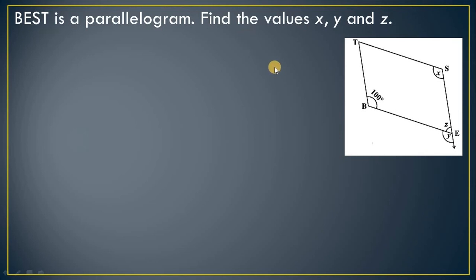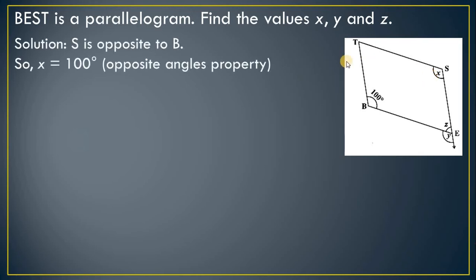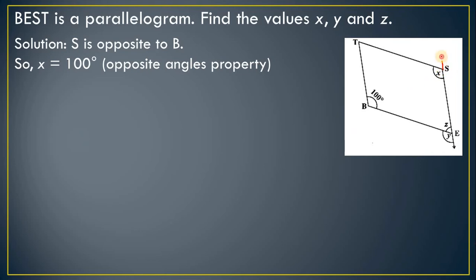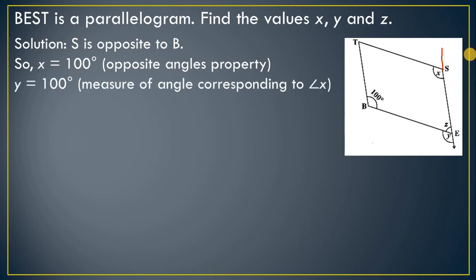So if you take here B, the opposite angle is 100, so in that case the angle x will be 100 because of opposite angles. And one more thing, as we have to find z and y, if you extend that line, then you can clearly observe there will be a corresponding angle. So this inner angle is the same as this angle y.